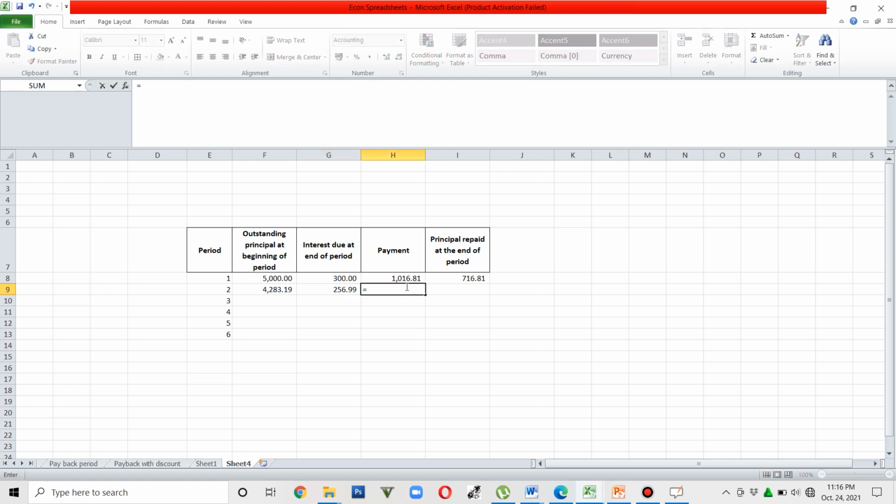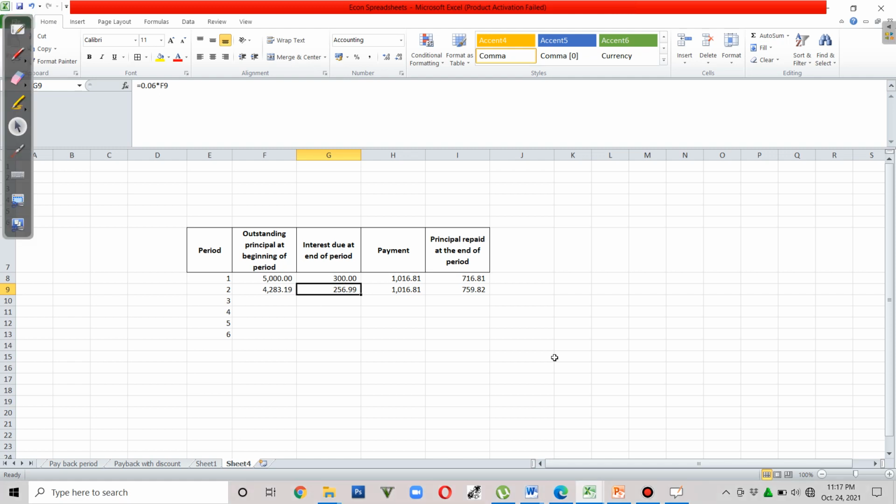At ito, parehas lang yung payment mo. At ito, just the same. It is the difference, okay, between the payment and the interest due. Kung mapapansin nyo, tumaas na siya kasi this time, bumaba na yung interest due at the second period, ano? Okay?